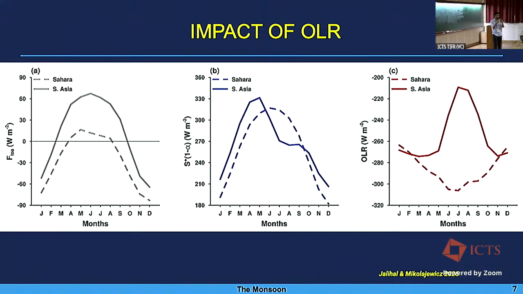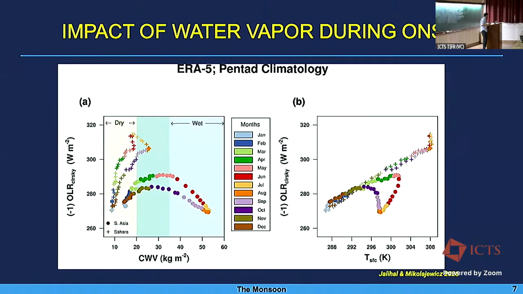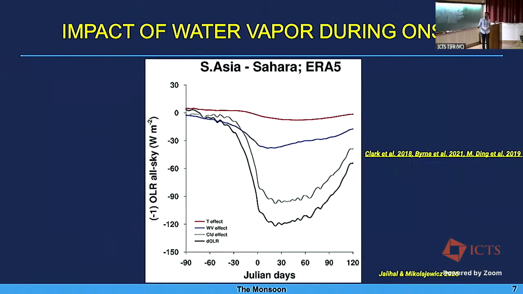We will add clouds to the difference between these two graphs. So OLR from South Asia, OLR from Sahara, if we take the difference, which parameter contributes the most to this difference is what we will look at. So to do this, I have used RRTMG and prescribed profiles from ERA5.